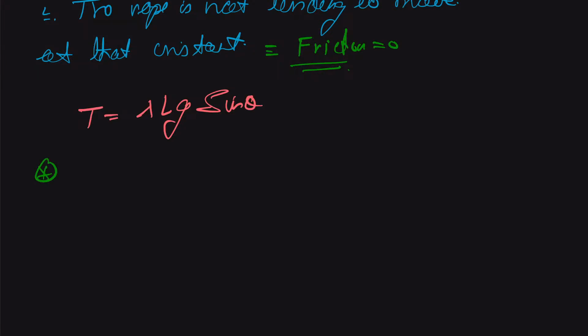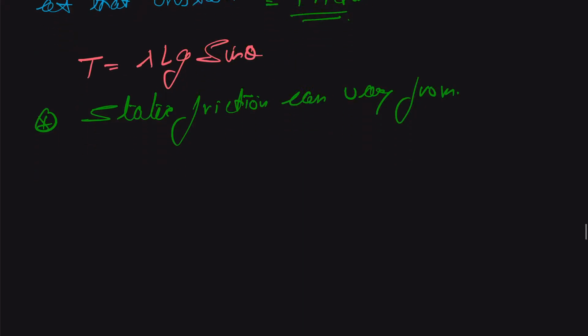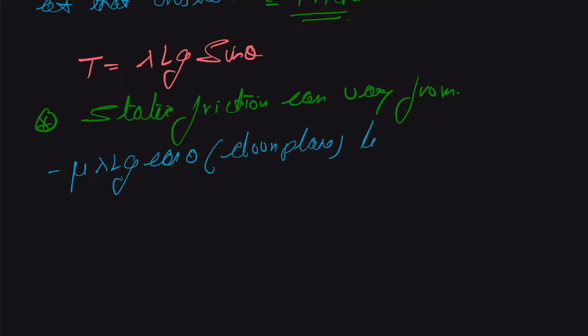So we can say that our static friction can vary from minus mu lambda Lg cos of theta, that is down plane, to plus mu lambda Lg cos of theta, up plane.